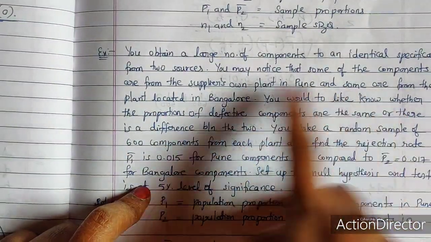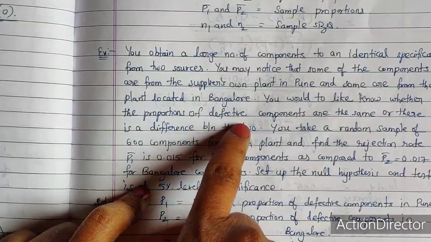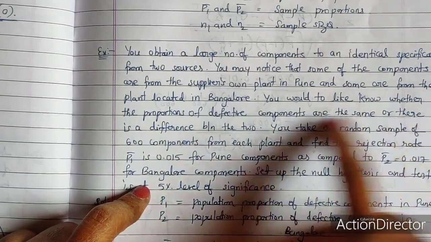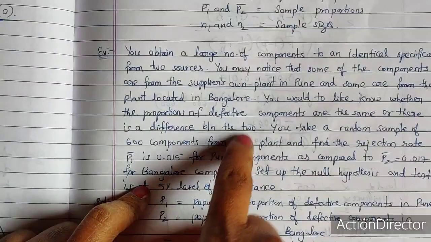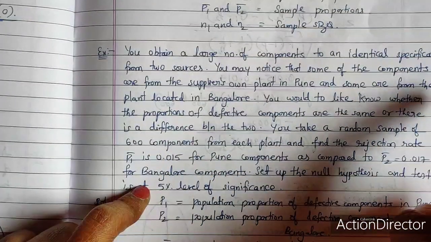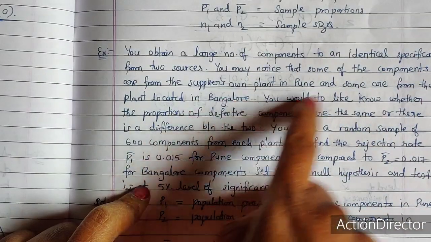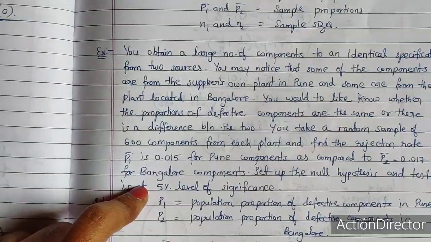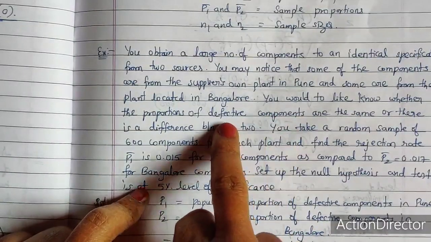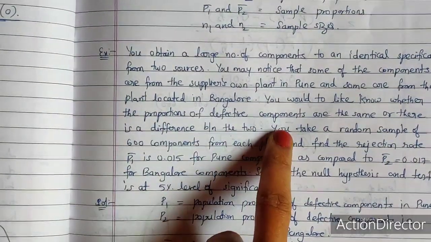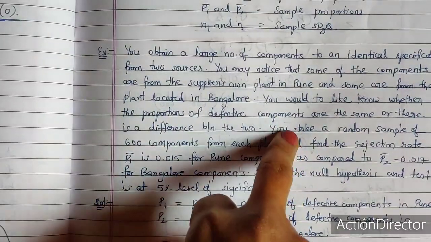You would like to know whether the proportions of defective components are the same or there is a difference between the two. So here we are retrieving some components from two places, one from Pune and the other from Bangalore. Here we are testing the percentage of defective components from the two places.